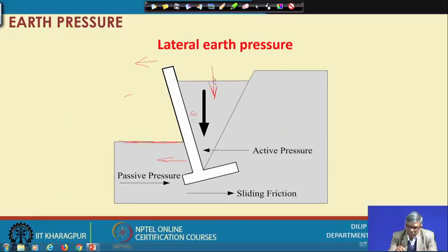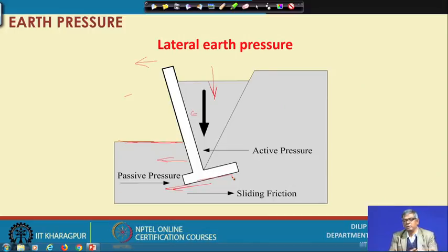This wedge will try to slide down, so the wall moves in this direction, and there can also be a tendency of the wall to move laterally. If it moves laterally, then at the bottom there will be some friction developed. So, that is also there.